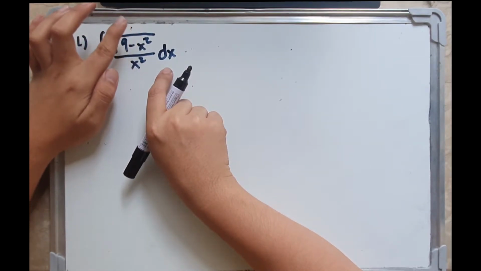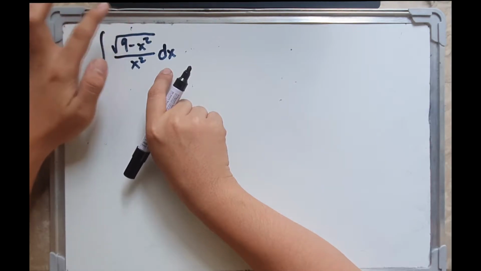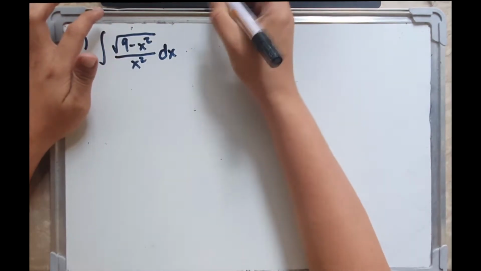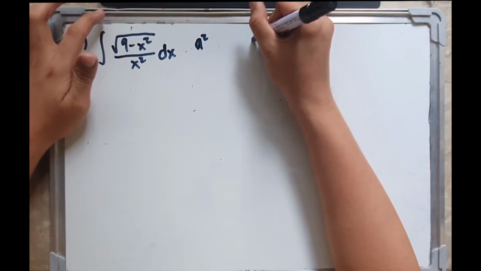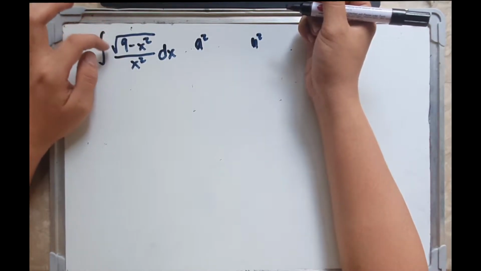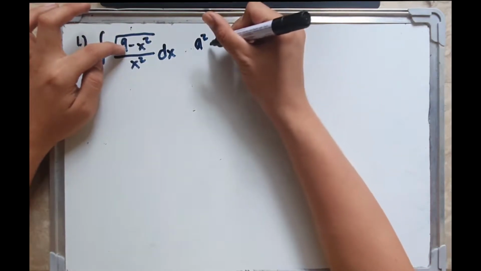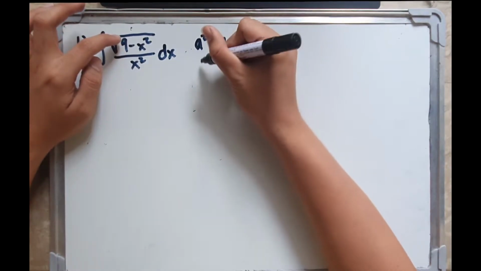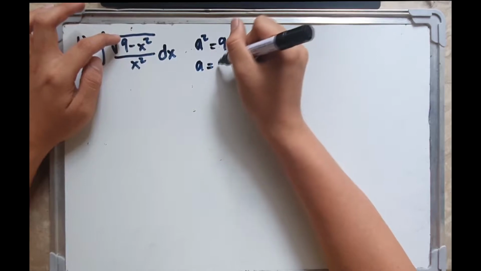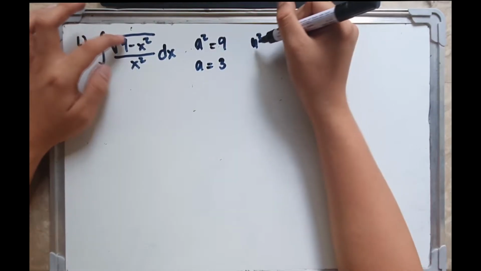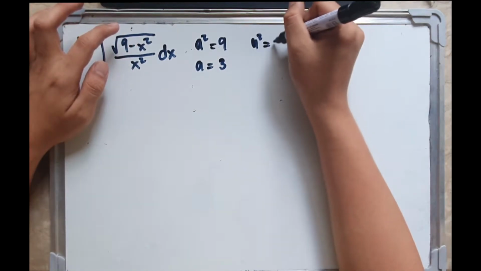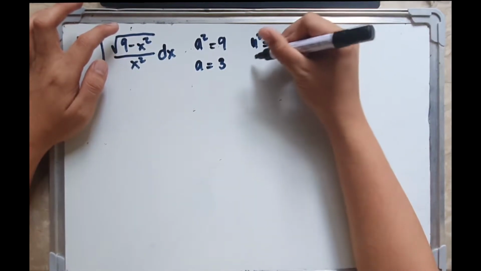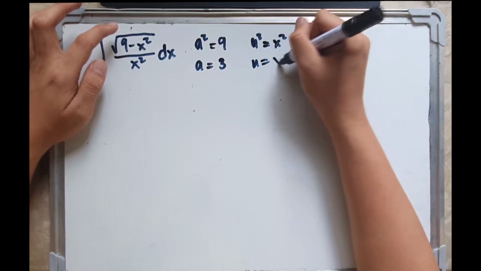So we need to find the values for a squared and u squared. For a squared, it is obviously 9. Therefore, a is the square root of 9, which is 3. For u squared, this is obviously x squared. Now, the u is x.